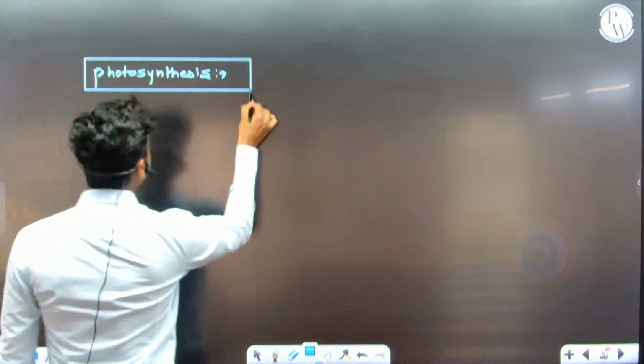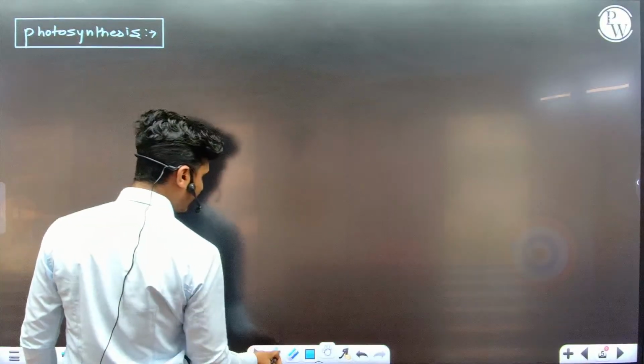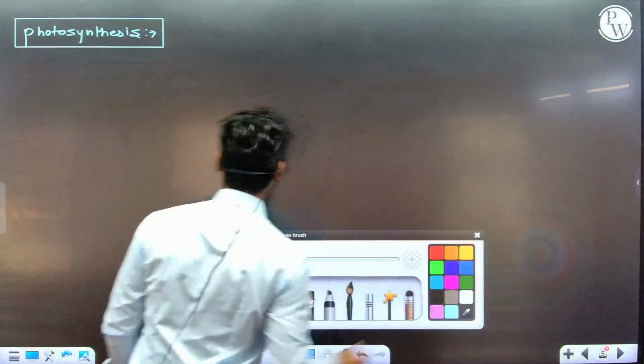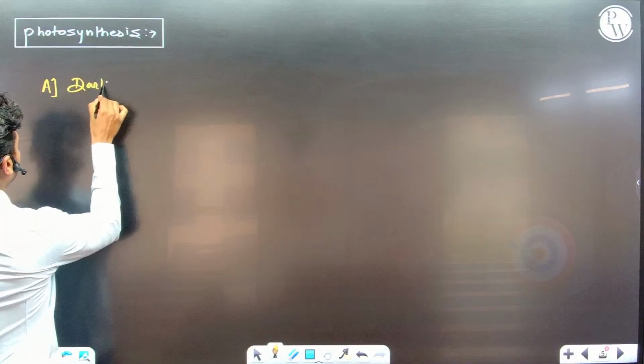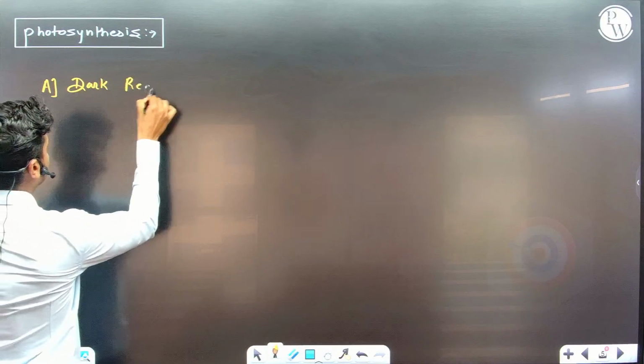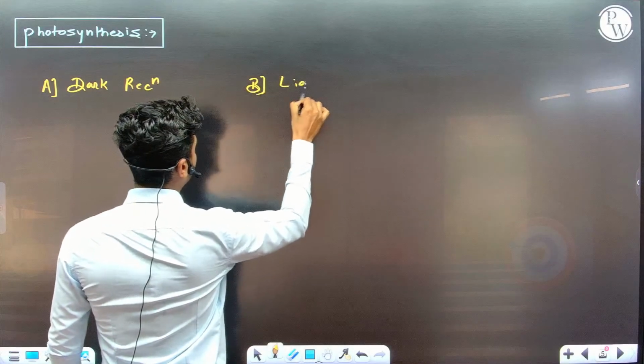And if I am talking about photosynthesis, how many reactions are there? 2 reactions. One, A, is the dark reaction, and the second, B, is the light reaction.